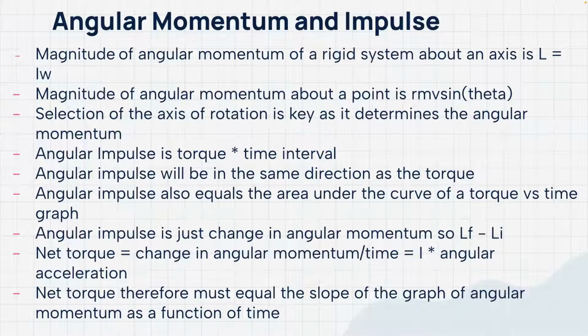Angular impulse is also just the change in angular momentum, so angular momentum final minus angular momentum initial. The net torque is the change in angular momentum over time, which is just moment of inertia times angular acceleration. The net torque therefore must equal the slope of the graph of angular momentum as a function of time.